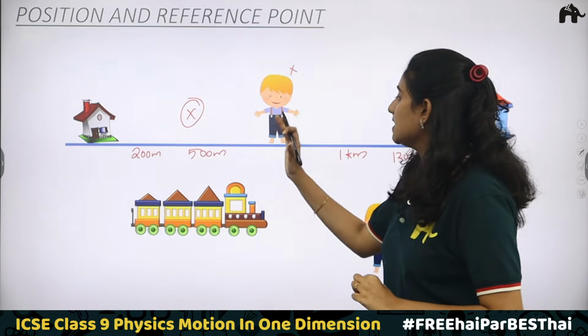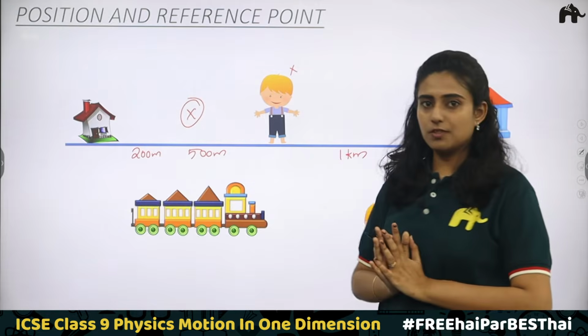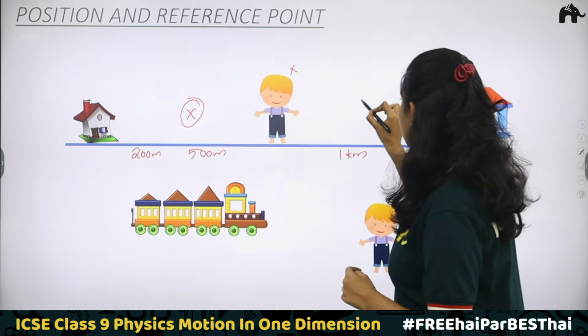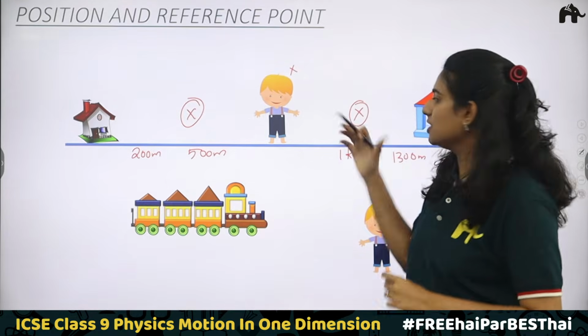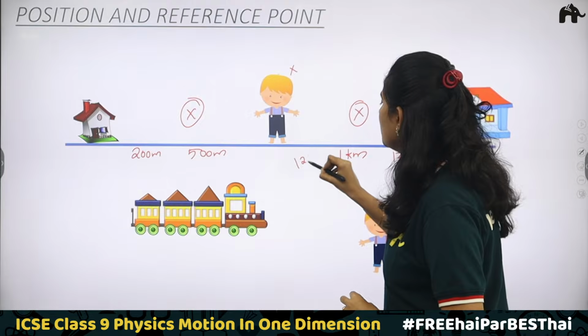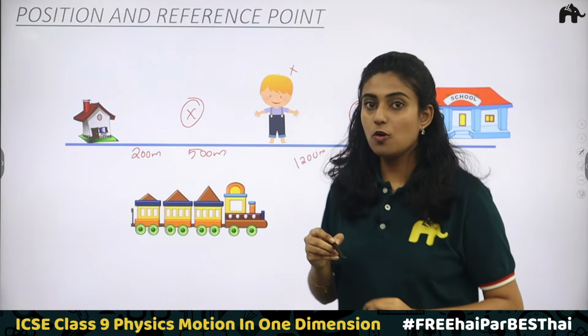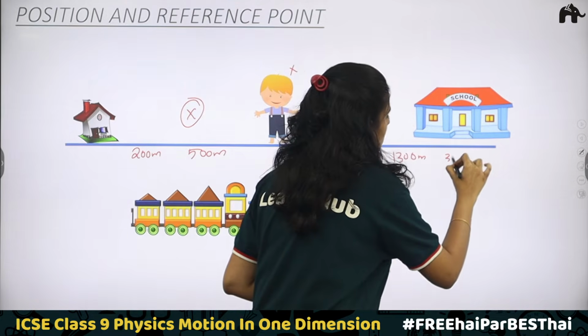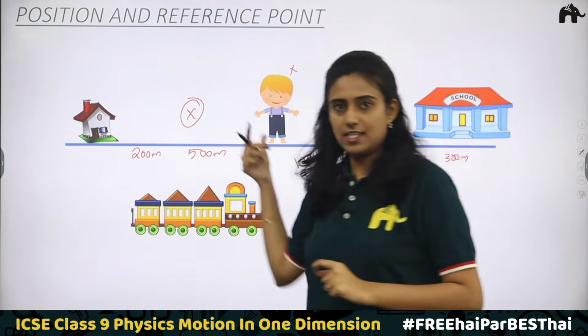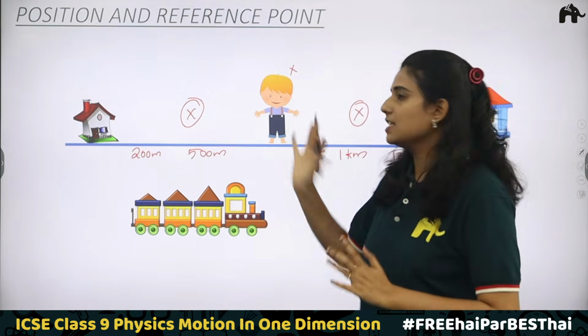He is at a distance of 500 meter from his home and 1 kilometer from the school. He reaches here. This is the new position of X. Then we say that he is at a distance of 1200 meter from his home and 300 meter from school. So, with respect to school and home, we are saying. So this is his position.